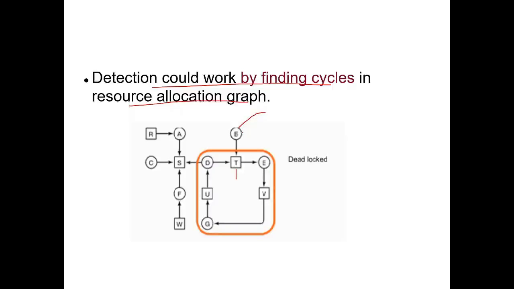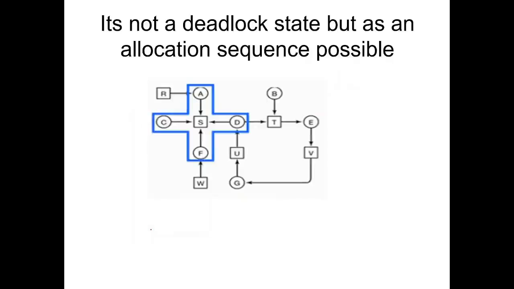Process B is using resource T, and T is allocated to process E, and process E is using V, and V is allocated to process G. Like this, all the processes are waiting for each other's resources, and this creates a circular wait. They are waiting for each other's resources and the system goes into deadlock. So resource allocation graphs tell us which resources are with which processes.